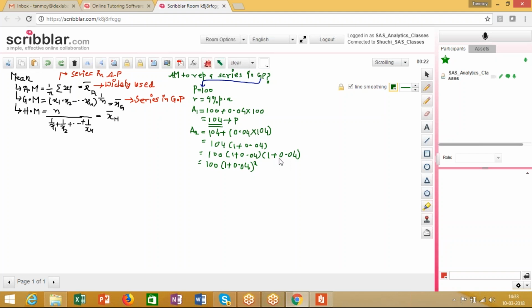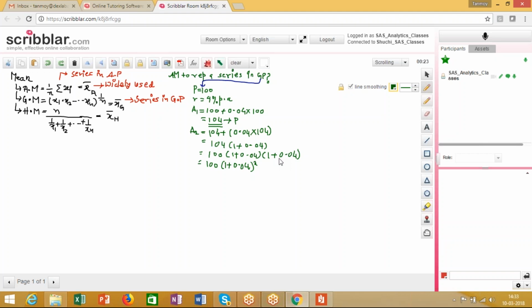As I move from the first to the second, I multiply by a constant multiple to get the second value. To move from the second to the third, I again multiply by that constant value, and I end up with the third observation. It is in this way that the observations keep on increasing gradually, and this type of series is called a geometric progression.